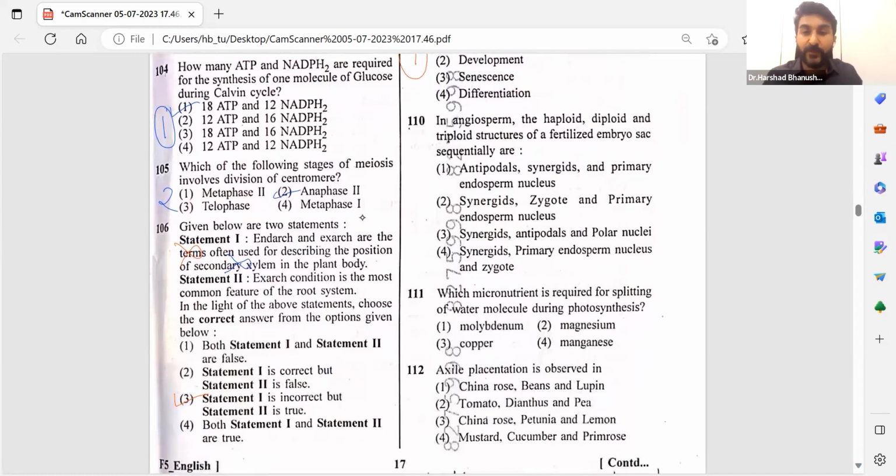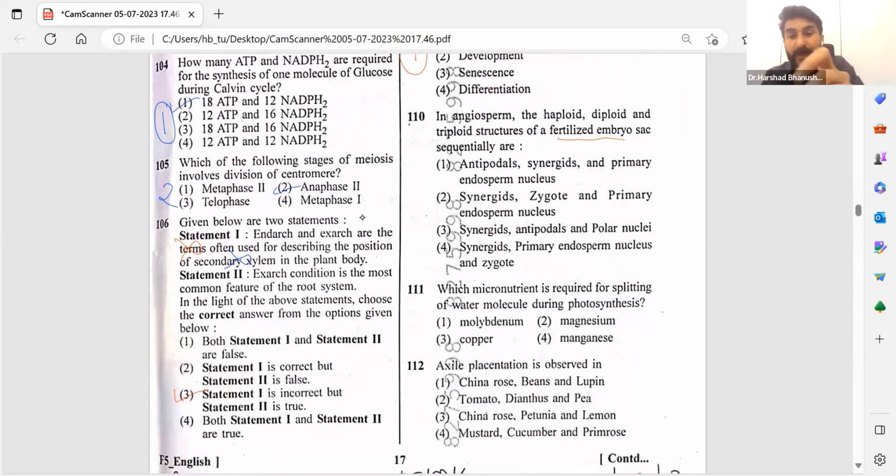In the next question, they have asked you about a fertilized embryo sac. In a fertilized embryo sac, where would the diploid condition be found? So here we would mark the diploid. They have given haploid, diploid, and triploid structures in sequence, so the only option in which the diploid one is in the middle is this option.